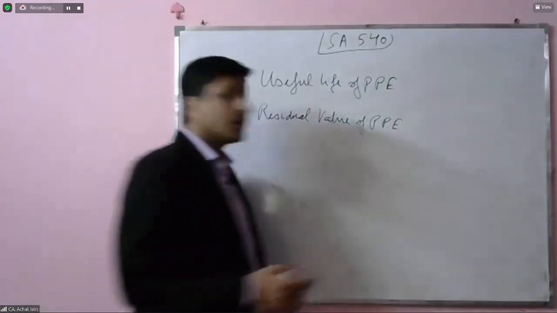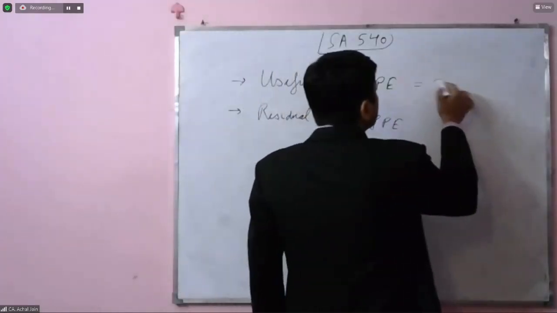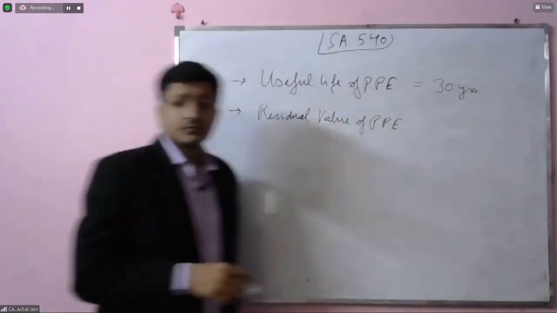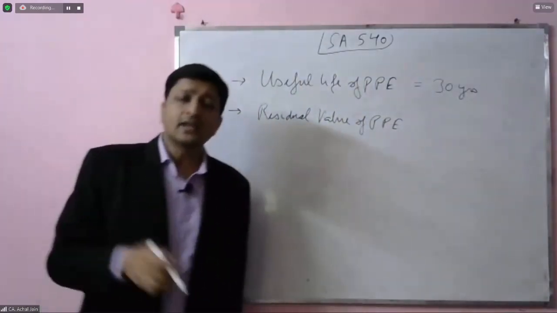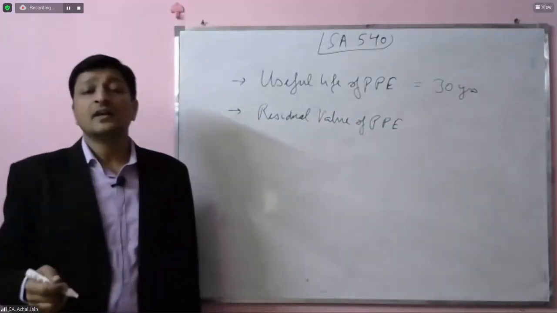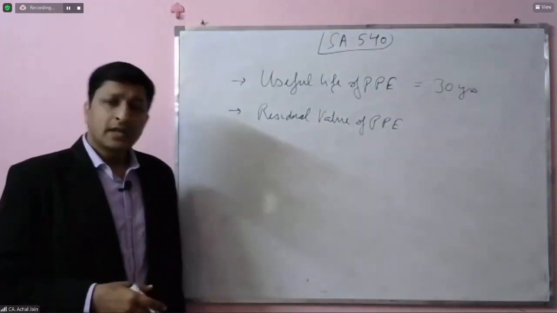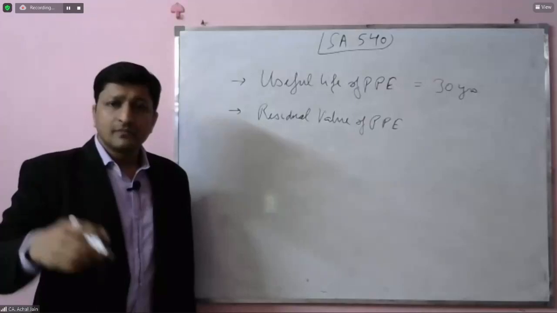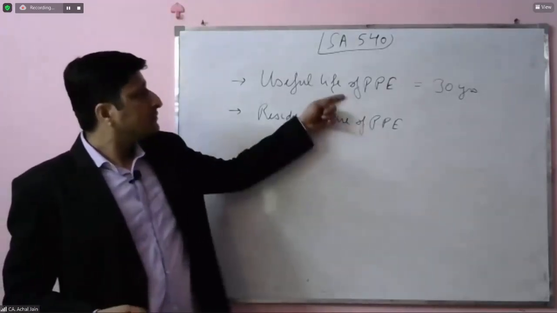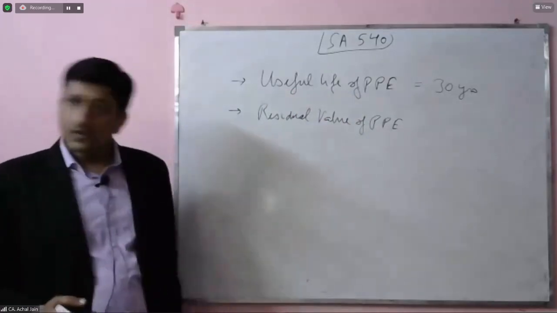We may estimate that to be 30 years, but this may turn out to be say 50 years, or this may turn out to be say 25 years. And with passage of time, we keep getting more and more clarity around such things. Okay.